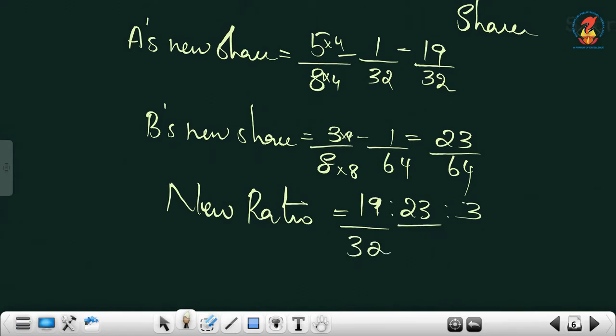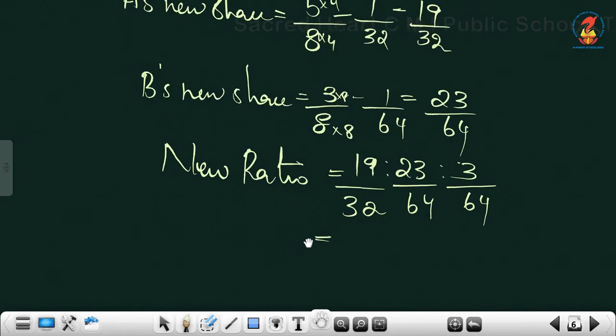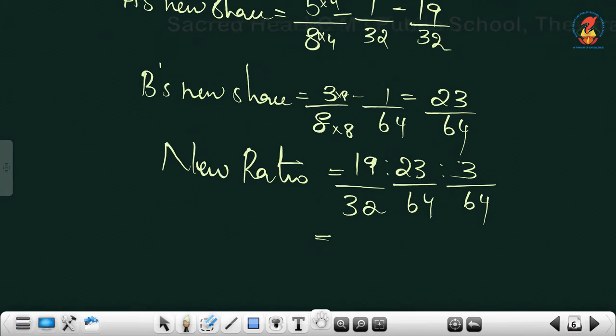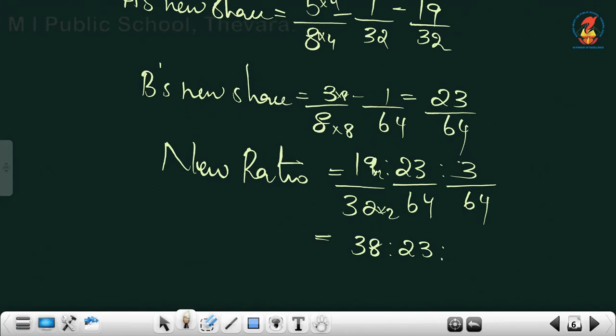Just check whether the base is same for every partner. C's proportion is 3 by 64, yes. So these are the proportions which we got, 19 by 32, 23 by 64, and C's already we computed 3 by 64. Make it to the common base. So this will be 38:23:3. So that is the final ratio between A, B and C.